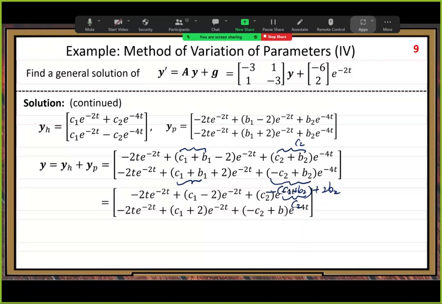All right. Now I write the final form. Now you can see we get this expression. In the final form, you have C1, C2, then you have a B. This part is negative C2 plus B2 plus 2B2.